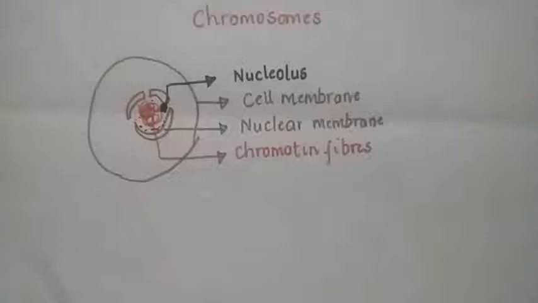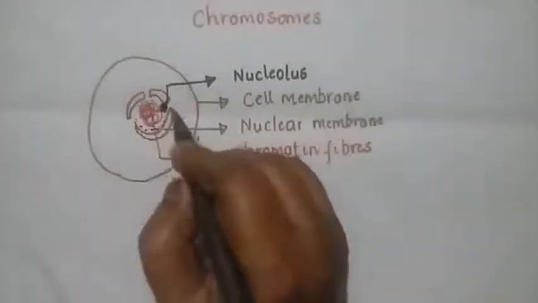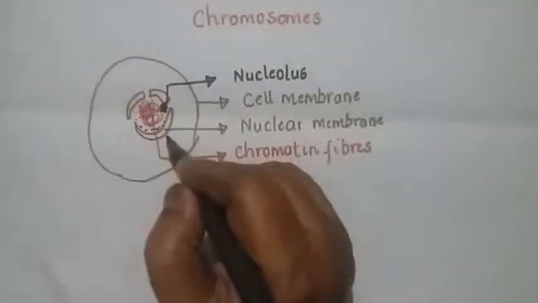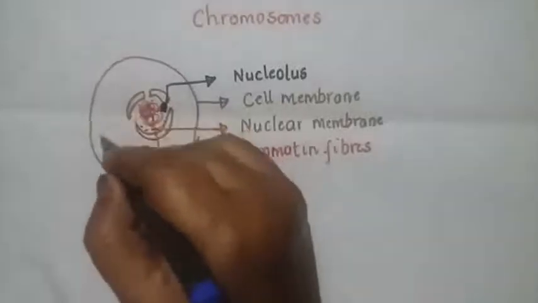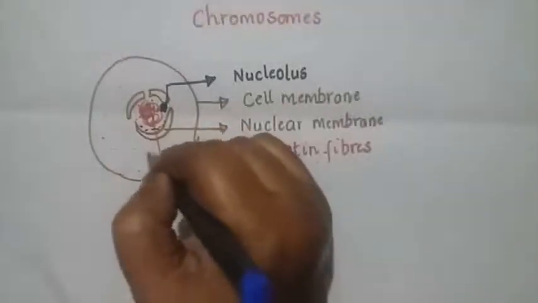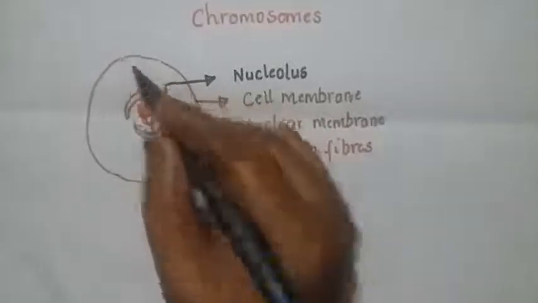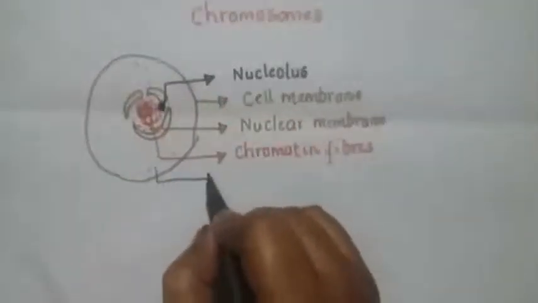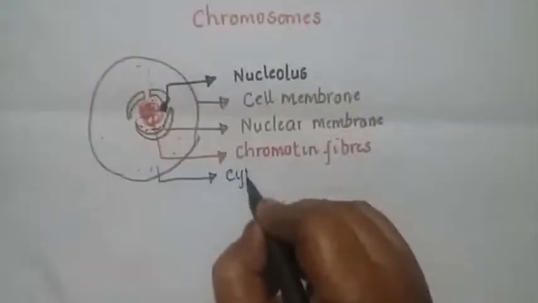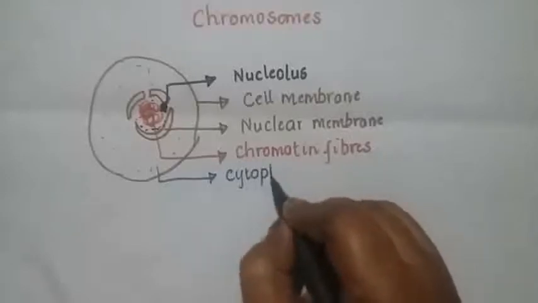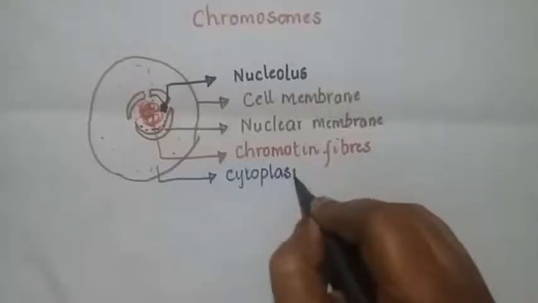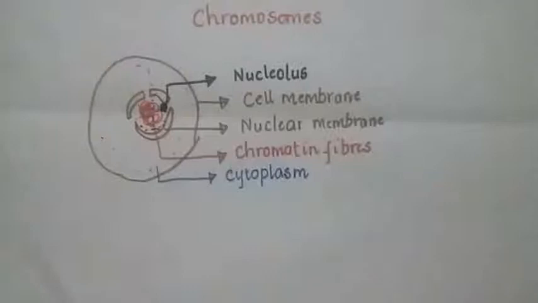And we know that outside the nuclear membrane we find a jelly-like substance, and that jelly-like substance is known as cytoplasm. And in the cytoplasm we find a number of cell organelles, right?